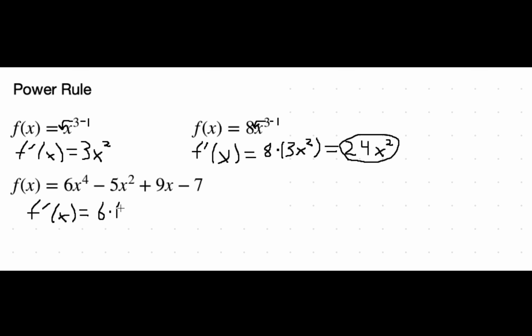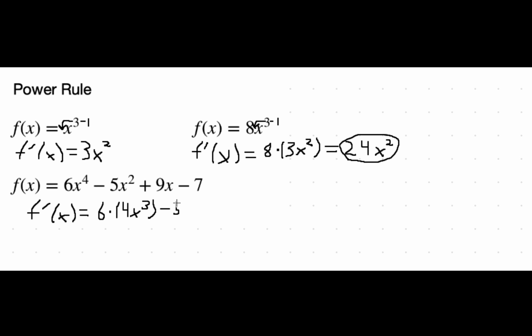So I have 4x, and then the power gets reduced by 1, so the 4 becomes a 3. So I have 4x to the third power. And then let's look at the minus 5x squared term. So the minus 5 is going to hang out in front. And then I take the derivative of x squared.